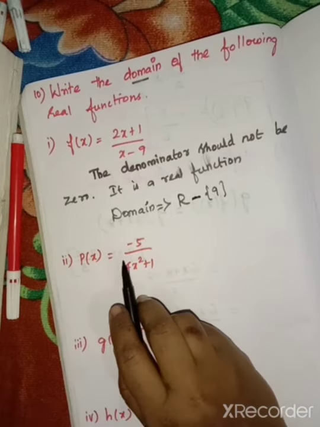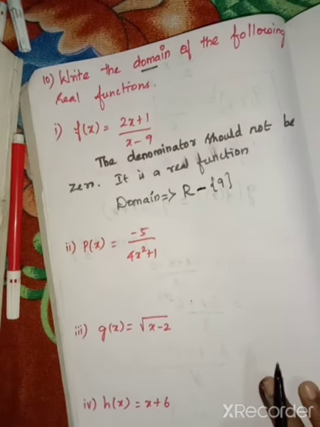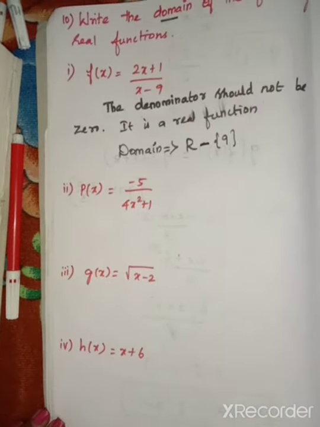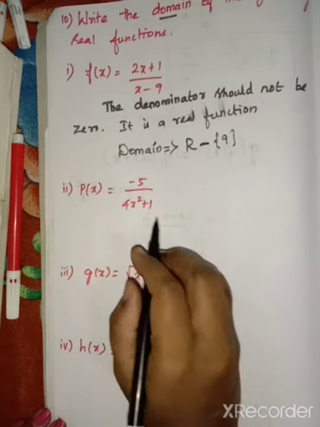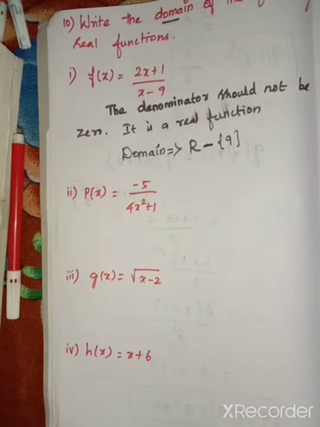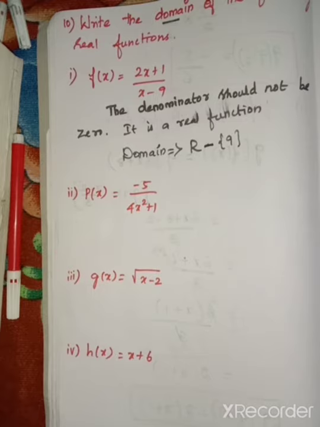So see the second one, p of x equal to minus 5 divided by 4x square plus 1. Here we can use any x value, because nearby plus 1 is there. If you use a negative number also, it will be considered as positive, because here we have x squared.